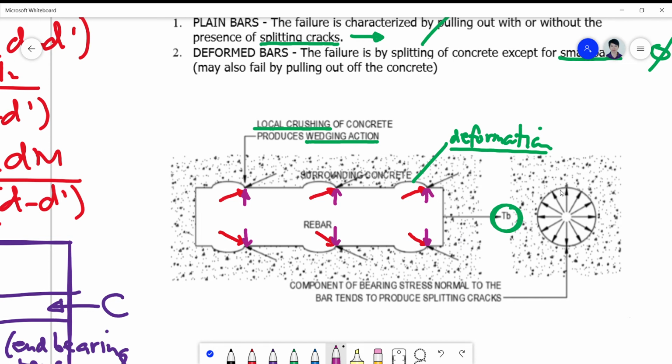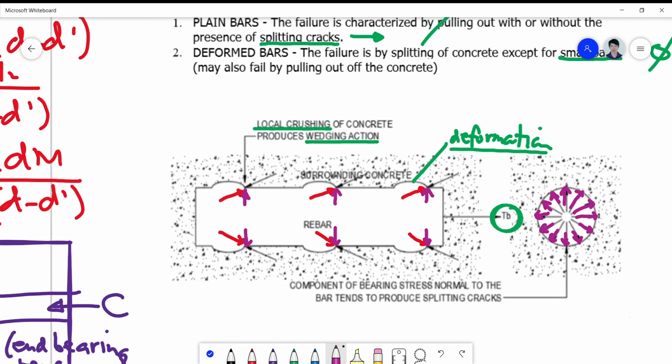So you see these forces now, which are in purple, and they are converted simply because this is circular into a radial force that will burst the concrete eventually if your Tb is very big.